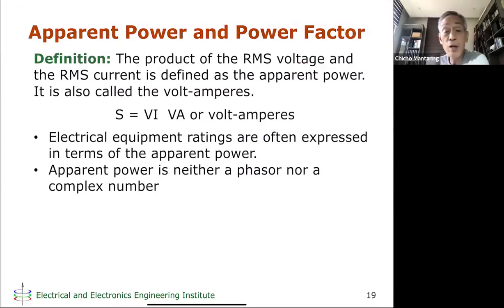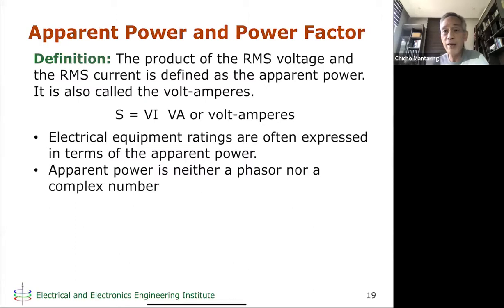Now, if you take a look at your electrical equipment, sometimes the rating of your electrical equipment is expressed in watts or real power. Sometimes it's expressed in volt amperes. Madalas to nangyayari, for example, bibili ka ng transformer, titignan mo yung nameplate rating ng transformer.